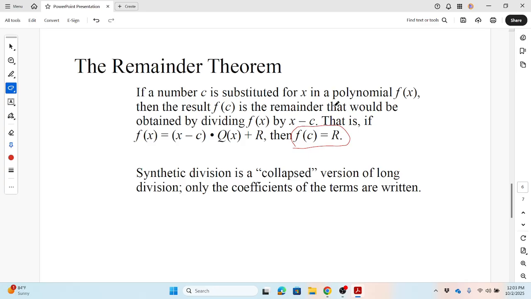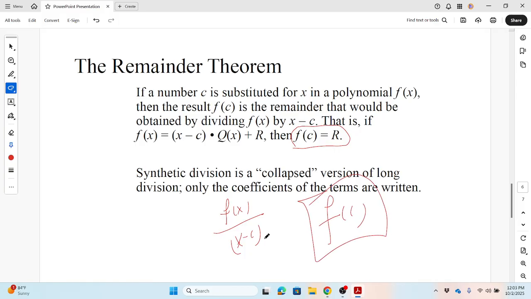So f of c is the remainder that would be obtained by dividing f of x by x minus c. Okay, so if this is the remainder theorem, let's say you have a polynomial f of x and you want to divide that polynomial by x minus c, then the remainder of this would be f of c.